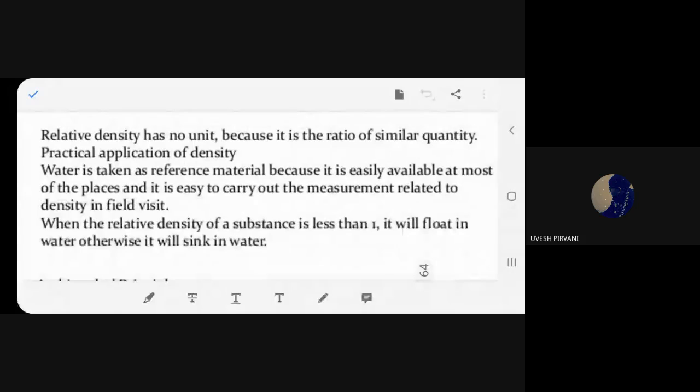When the relative density of a substance is less than 1, it will float in water, otherwise it will sink in water.